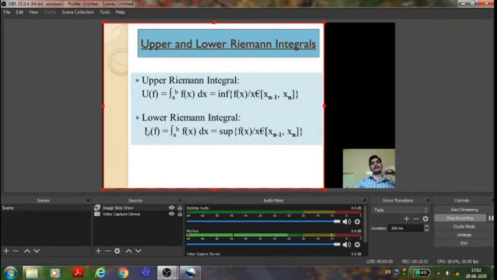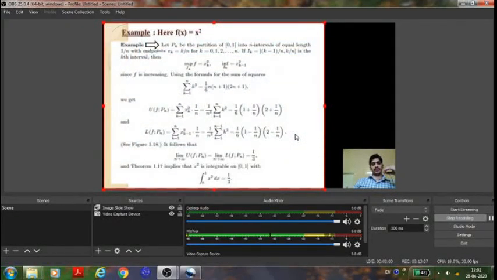The lower Riemann integral is denoted by L(f) and is the supremum of the lower sums. Actually, here I missed out this one: it is the infimum of UPF and the supremum of LPF.